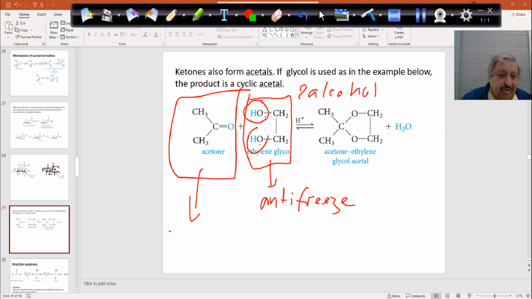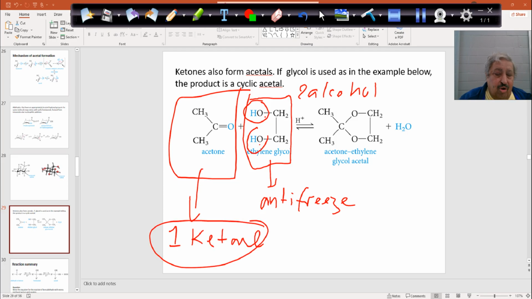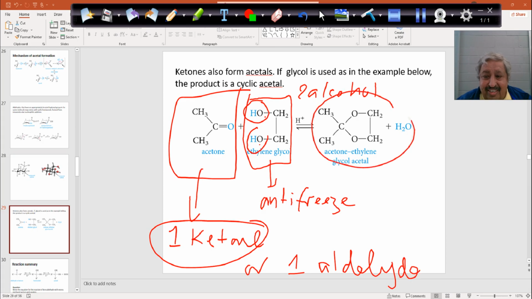And one ketone, one molecule of ketone, or if you want an aldehyde, one aldehyde will do it too. So what is this? Is this a hemiacetal or a full acetal? Acetal, correct. That's what we are looking for.